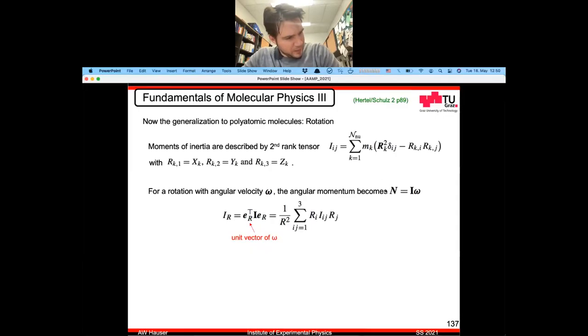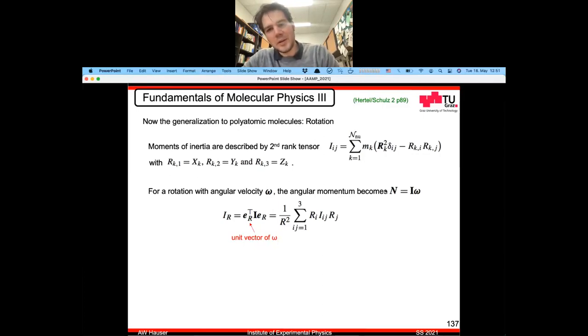And I'm not intentionally trying to confuse you by introducing yet another letter for angular momentum, but we have already used quite a few, and we have to stick to some kind of convention.